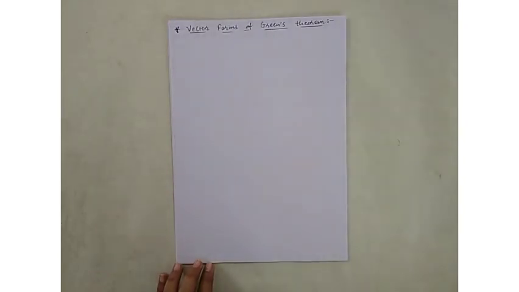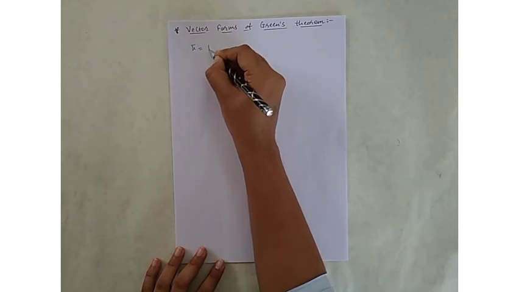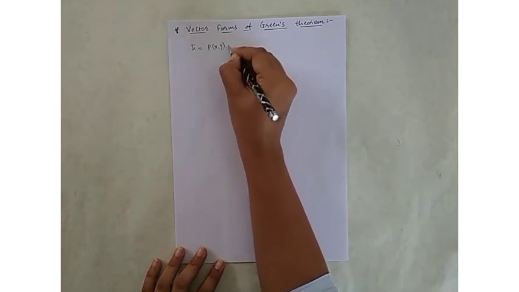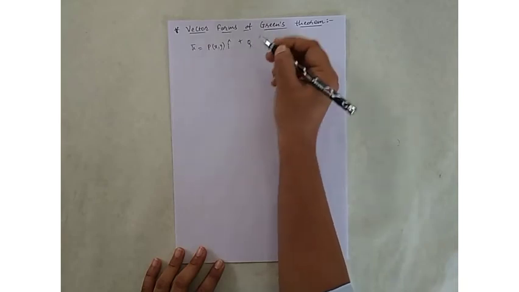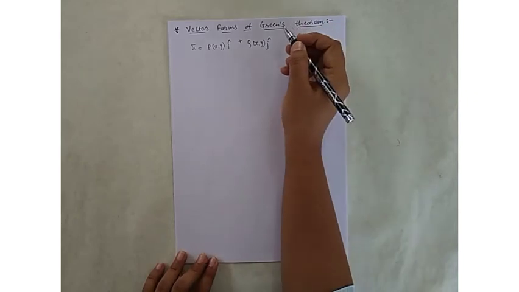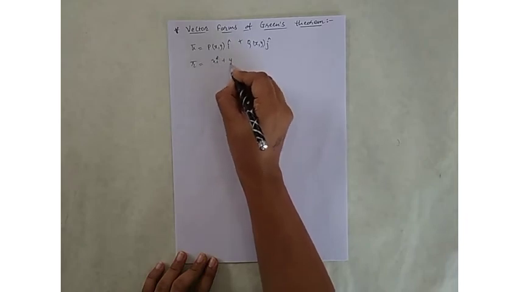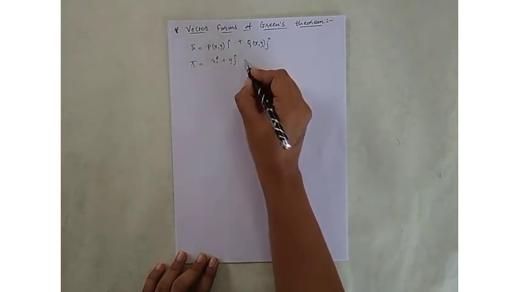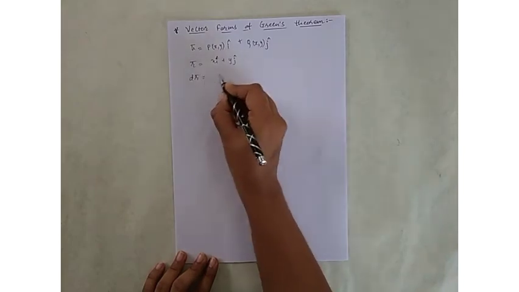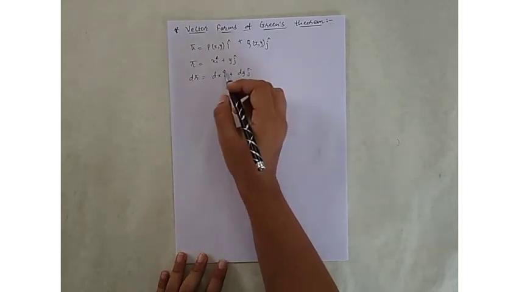So next topic is vector forms of Green's theorem. For that, let us take vector u bar with coordinates p(x,y) i plus q(x,y) j, and another vector r, which is equal to x i plus y j. Then dr is dx i plus dy j, the derivative of these terms.